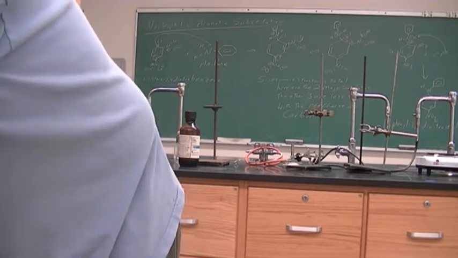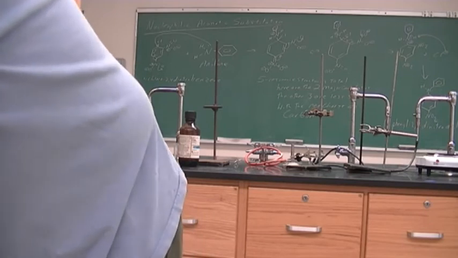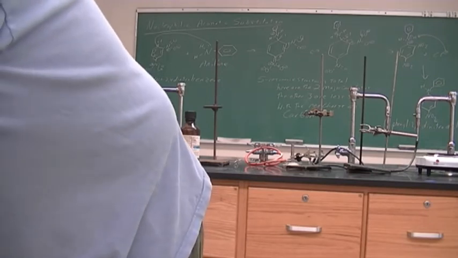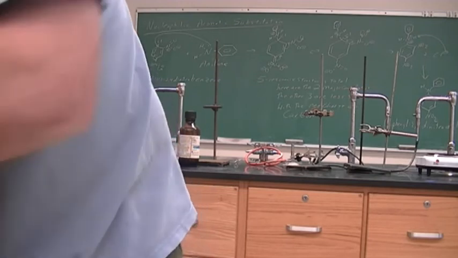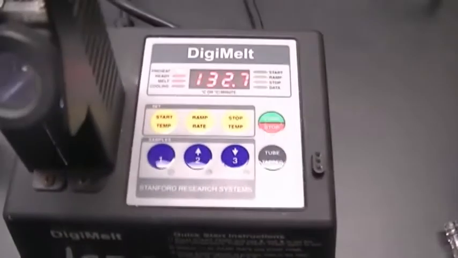I don't think that camera could see. I was going to try to put the camera into this, and I can barely see it with my eye. Let's see what this looks like. Alright, so we're watching that temperature.